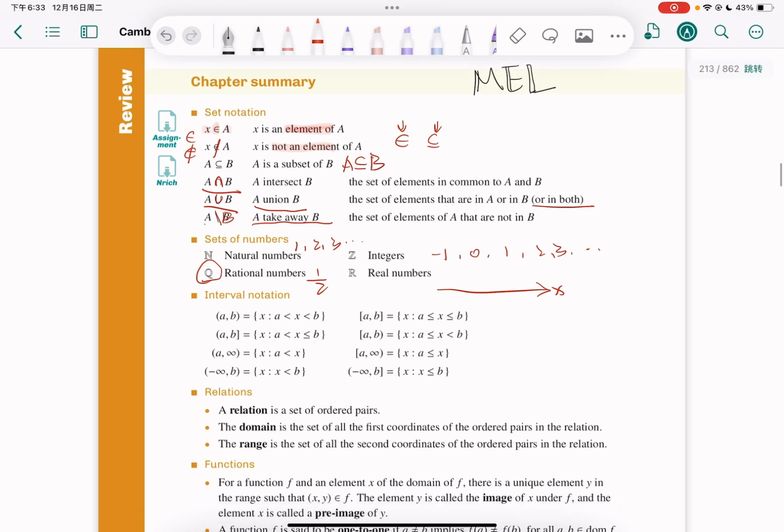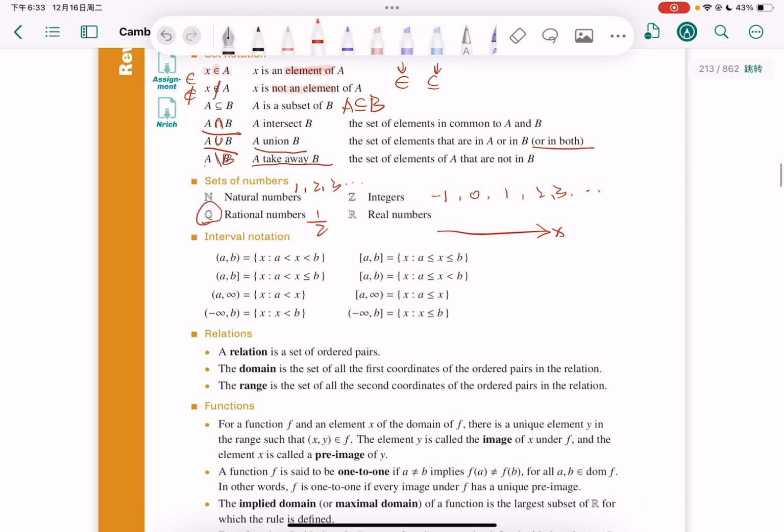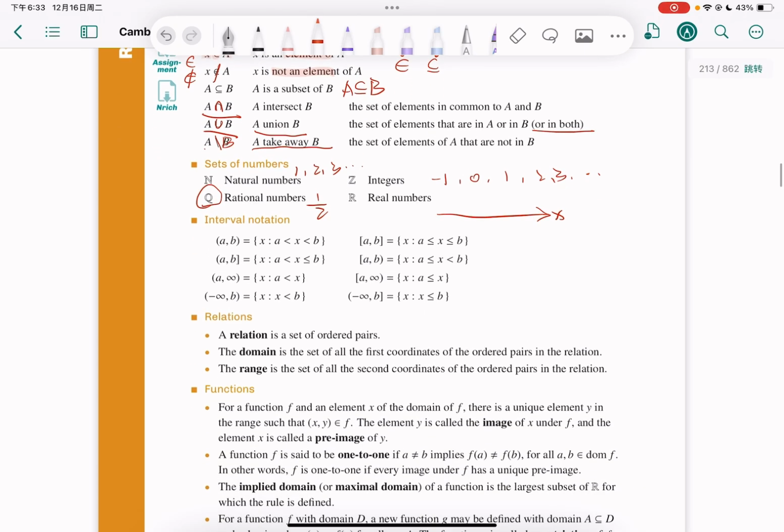Okay, interval notation. So to represent a set more easily, if it's continuous, so let's say we have all the values on the x-axis from -1 to 1, including these 2 points, then we'll say it's square brackets -1, 1.